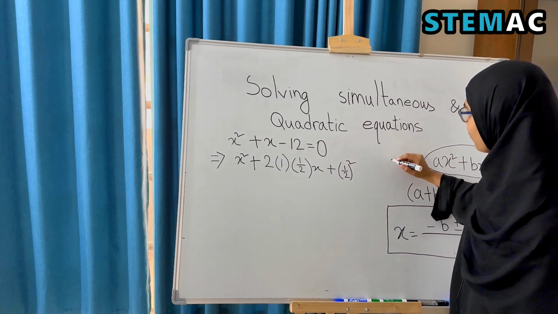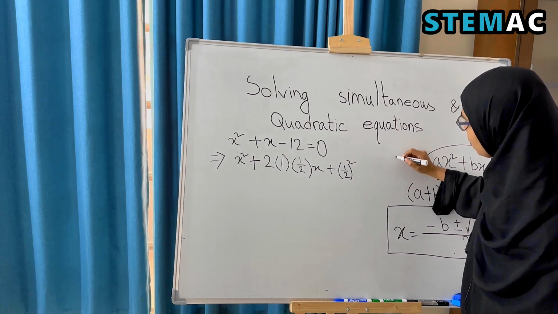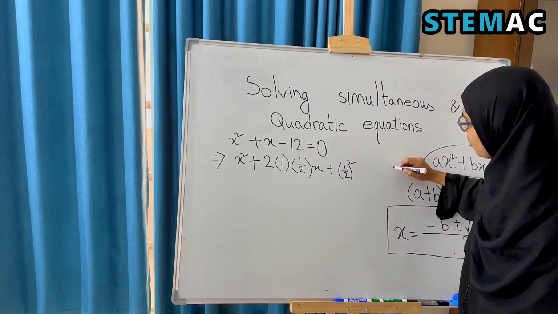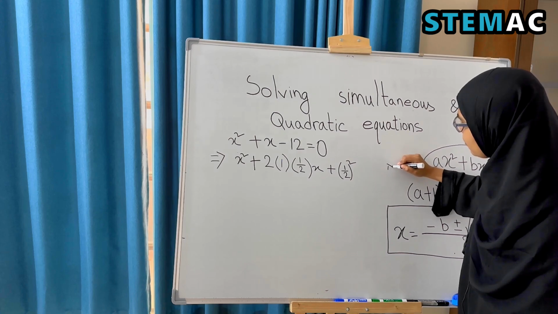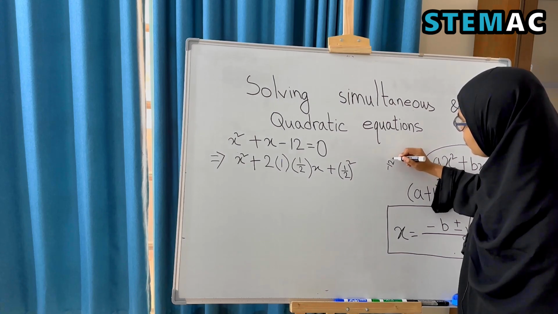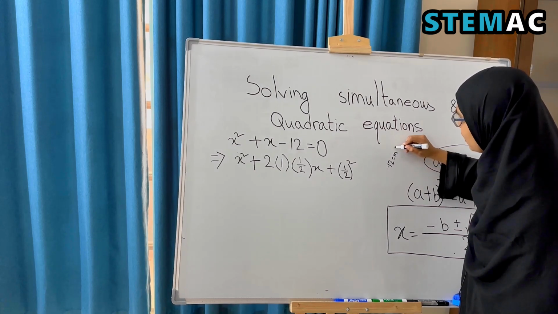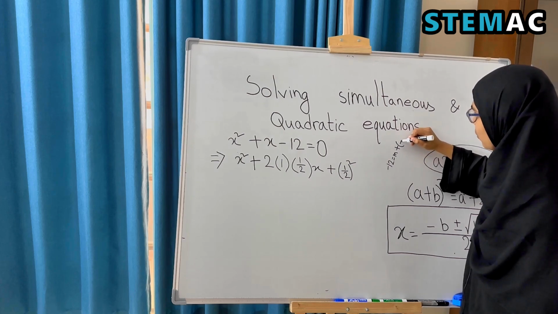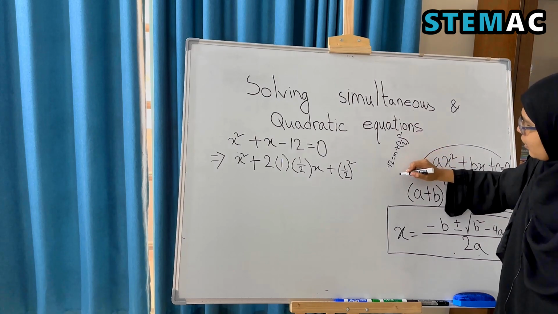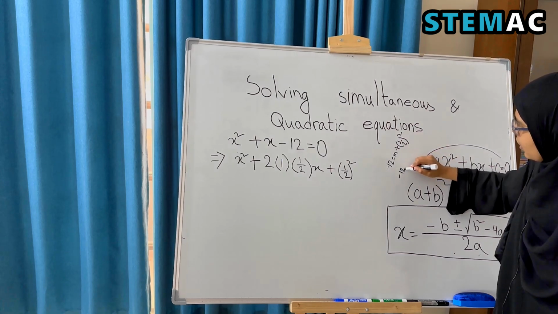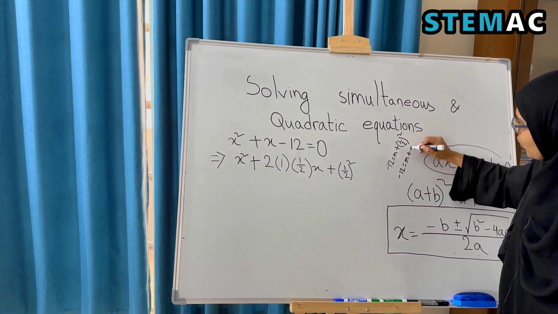Instead, we have to find it. It should be minus 12 equals, let's say m, a variable, m plus 1 by 2 square. Minus 12 equals m plus 1 by 4.